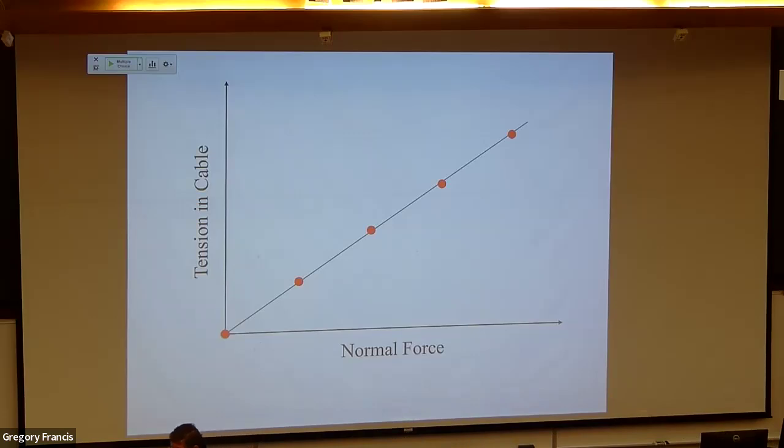Now, wait a minute, Greg, I thought we were talking about friction. Well, as long as I'm pulling the sled at constant velocity, the tension in the cable is the same as the friction force, is it not? So indirectly, I'm measuring the friction force. And what we find is that the friction force is linearly dependent, it's proportional to the normal force, okay?